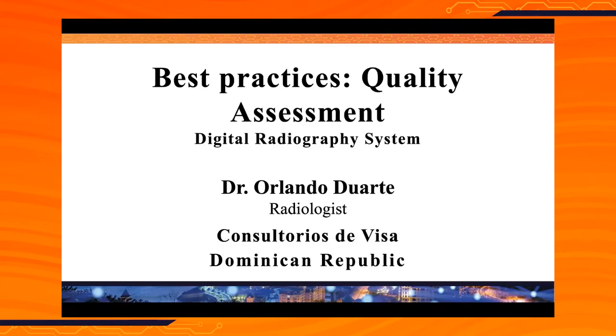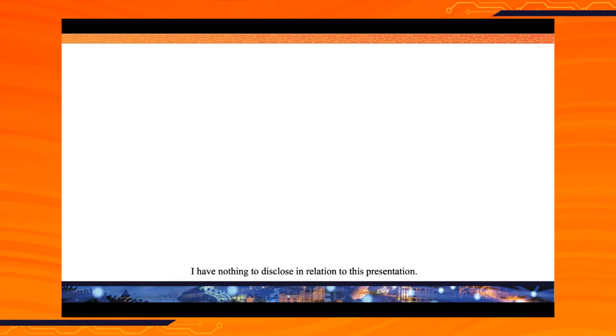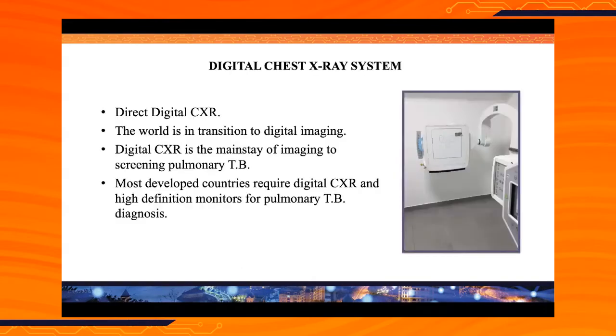Now I am going to be speaking for a few minutes about the digital radiography system. The direct digital X-ray system allows the panel site to obtain easier and faster good quality chest X-rays.